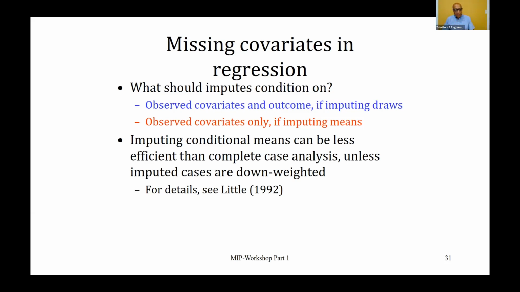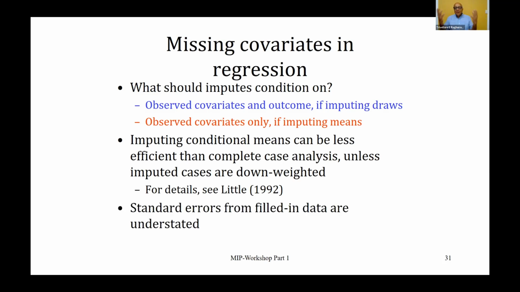There's a nice paper by Little in 1992 that talks about missing data in regression, an overview, and talks about these kinds of issues. From a practical perspective, I normally recommend that you just do the imputations using draws. That covers almost everything that you want to do, point estimates as well as good standard errors.